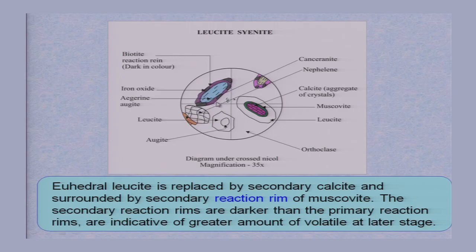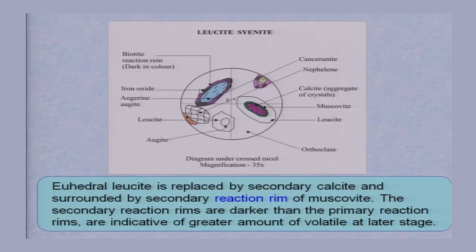See here, a thin ring like structure is surrounding this crystal of muscovite. The secondary reaction rims are darker than the primary reaction rim. They are light in color, but these reaction rims are darker in color, indicative of a greater amount of volatile at a later stage. What does it indicate?